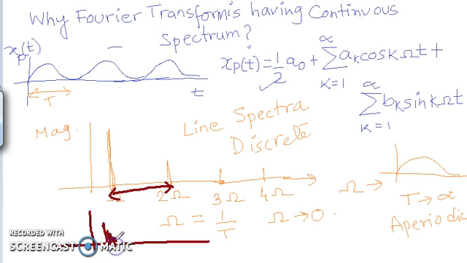The difference between two consecutive frequencies will tend to 0, and this spectra will become continuous in nature. That is why the frequency spectra of an aperiodic signal becomes continuous in nature.